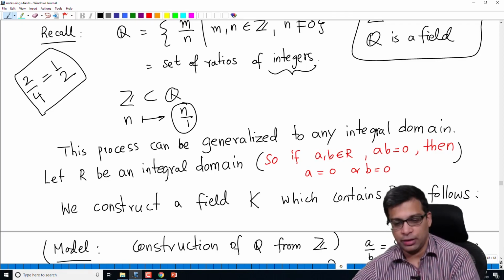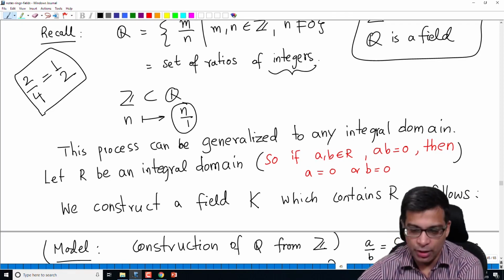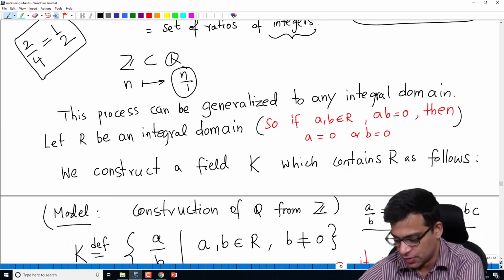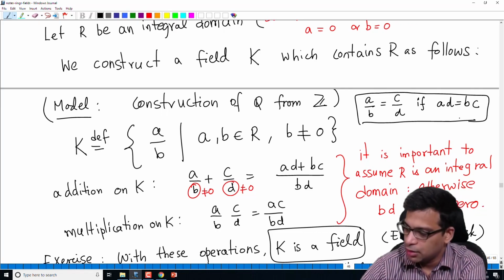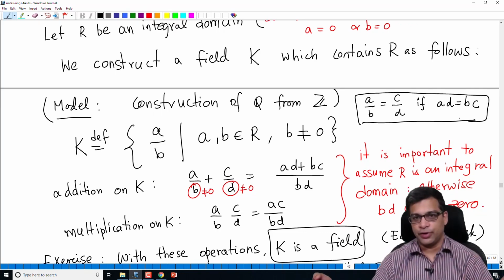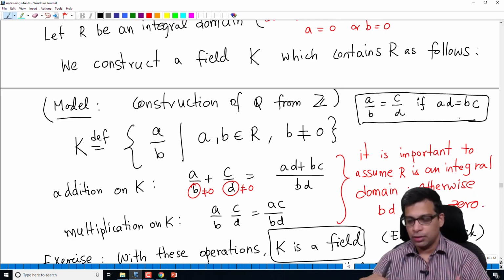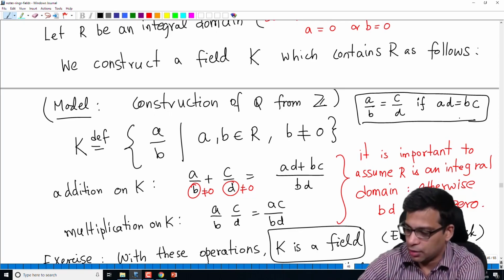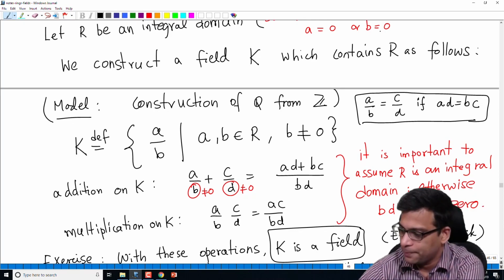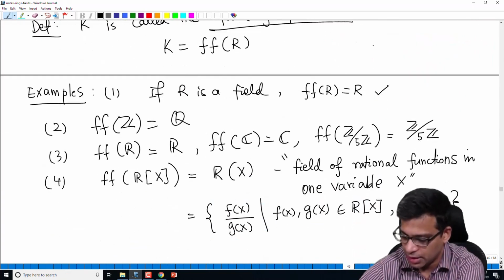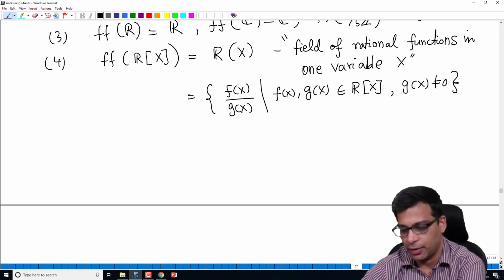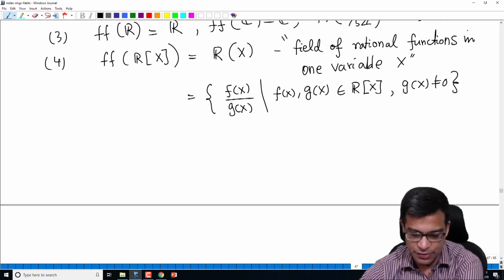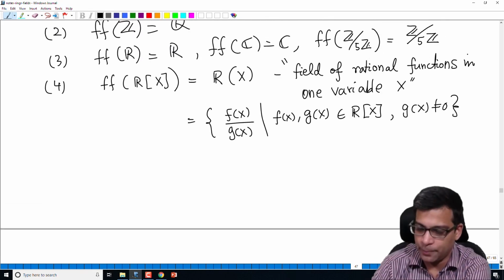So in the case of rational numbers, you can cancel common factors. In general, I don't consider as unequal any fractions that we may be able to write as equal. If they have this property that ad is equal to bc, I will consider them the same. Similarly here, any ratio I write of f(x) divided by g(x) will not always give me a distinct element. They could give me the same elements. So this is an important field for us.